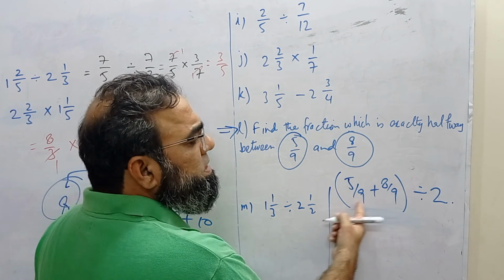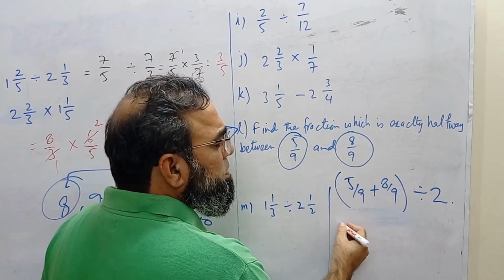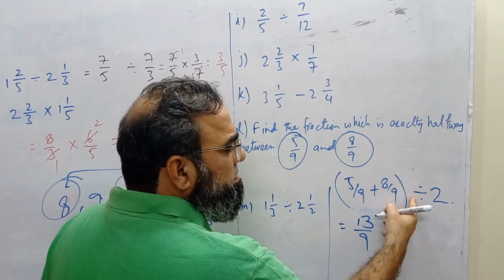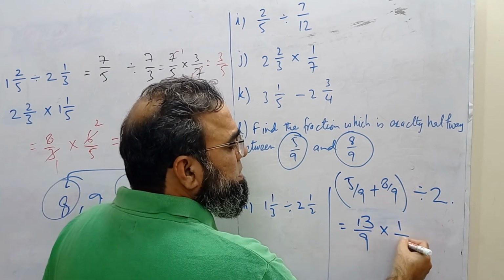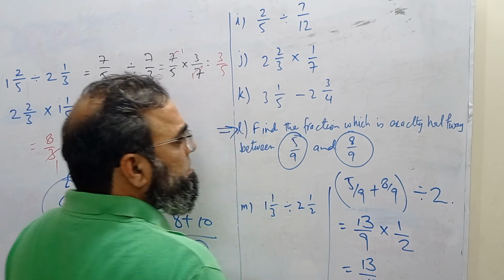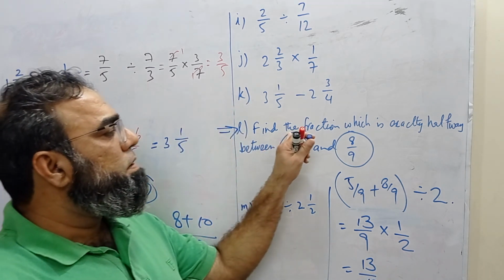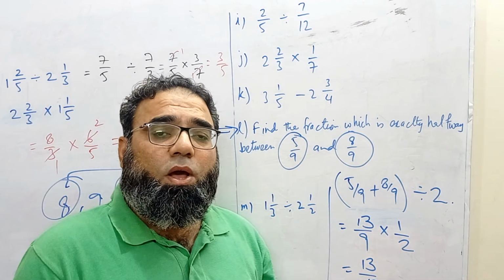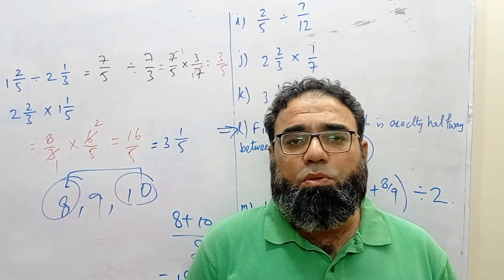So these are two like fractions. Their sum is going to be 13 over 9. And you change this division sign into multiplication, this is 1 over 2. So this is 13 over 18. The fraction which is exactly between 5 over 9 and 8 over 9 is going to be 13 over 18.